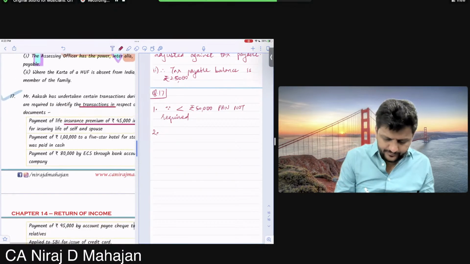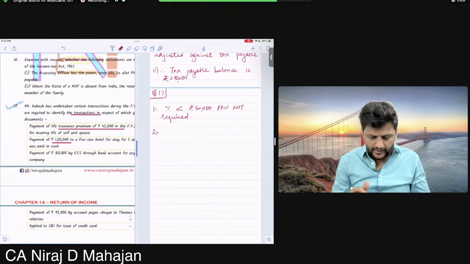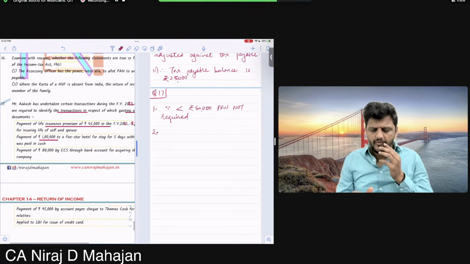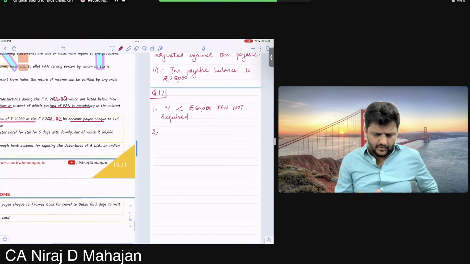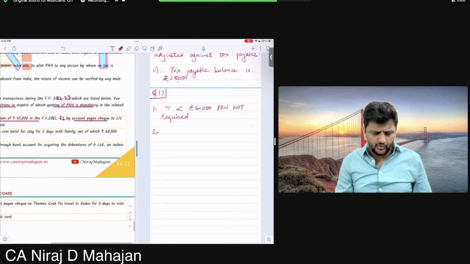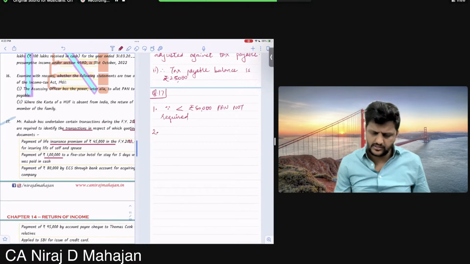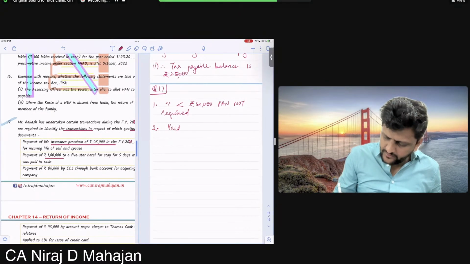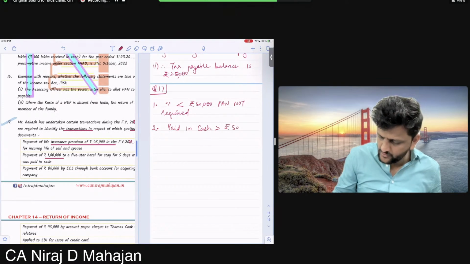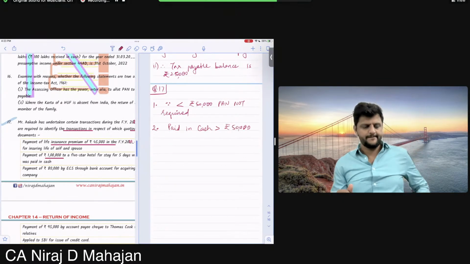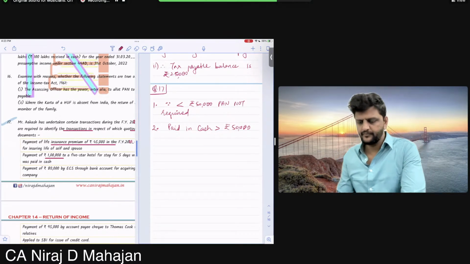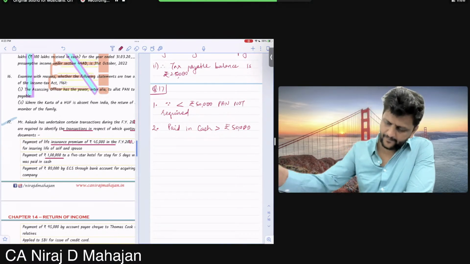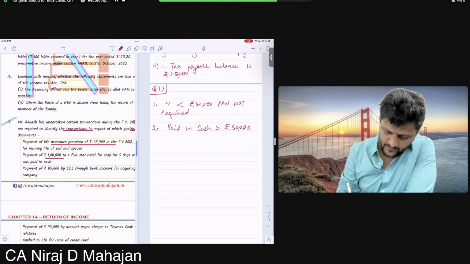Payment of 1 lakh to a 5-star hotel for a stay for 5 days with family, out of which 60,000 was paid in cash. Paid in cash, right? Check. Is it right? Exceeding rupees 50,000, right? On bill or bills, no?